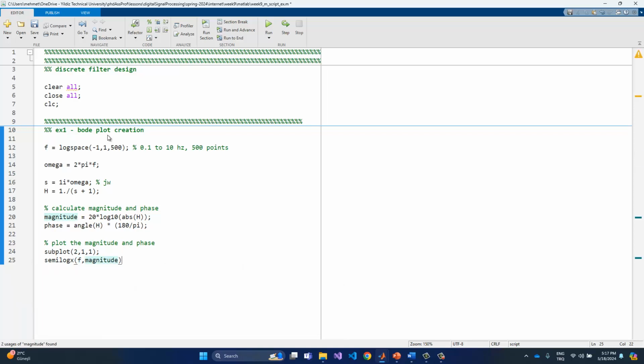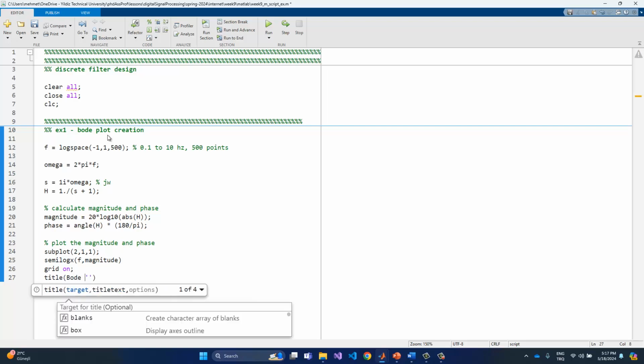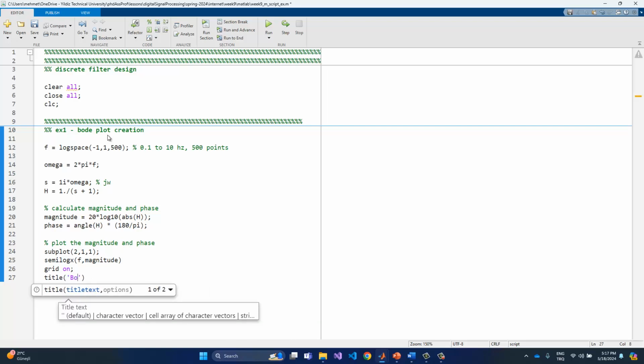Okay, and the grid on must be given here, the title Bode plot of H(s) equals 1 over s plus 1.